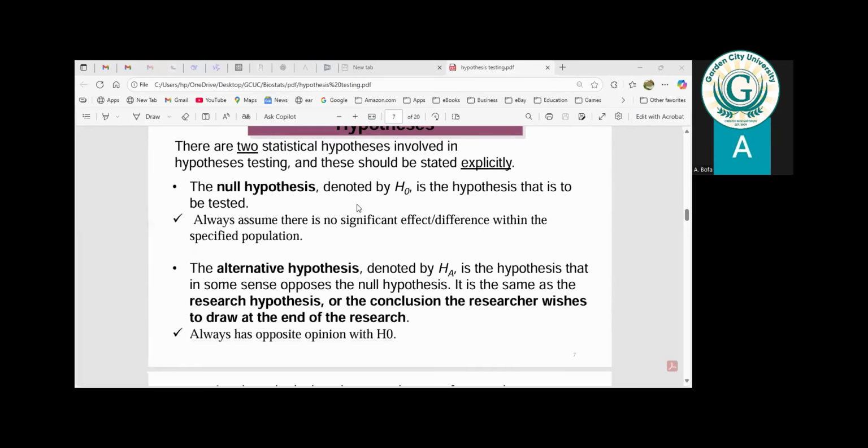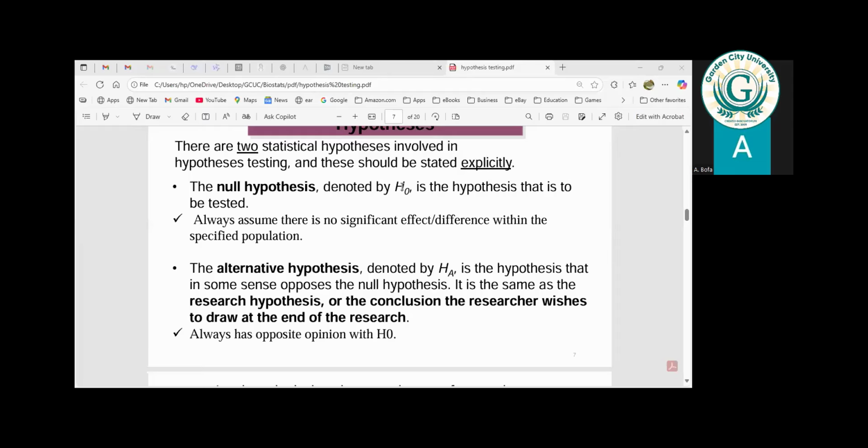Normally we denote the null hypothesis as H subscript 0. The moment you see H subscript 0, it means that is the null hypothesis. And the moment you see H subscript 1 or H subscript A, that is what we refer to as the alternative hypothesis.